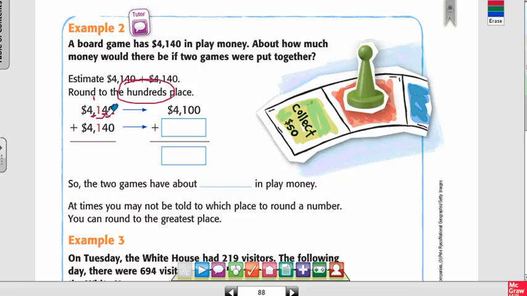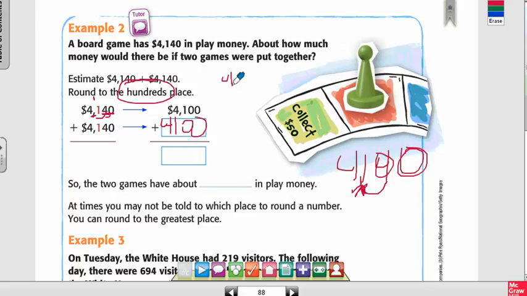So now I have 4,140 rounded to the nearest hundreds. Am I working with the thousands yet? No. Here's the hundreds place, which is the 1. Look at the number to the right. What does the 4 say? The 1 stays the same, and replace these 2 numbers with zeros.